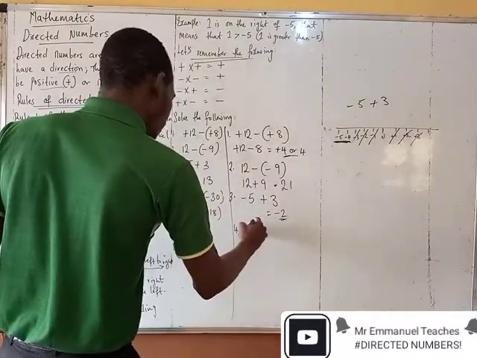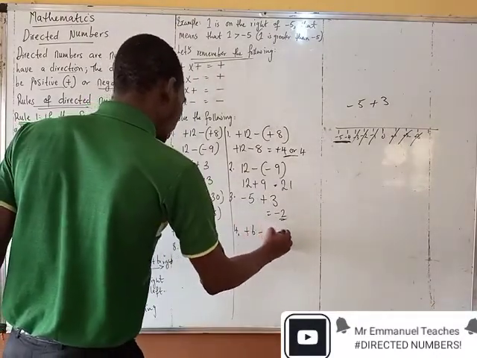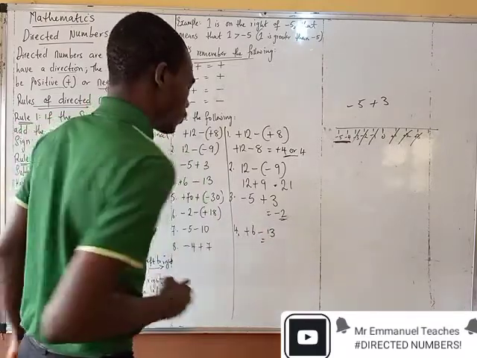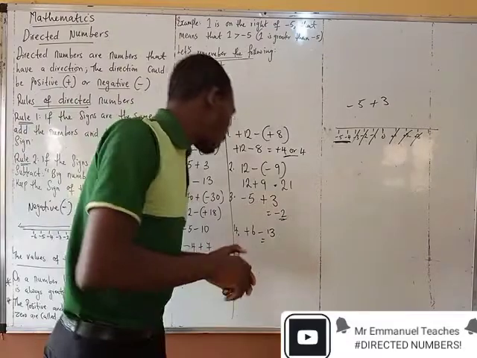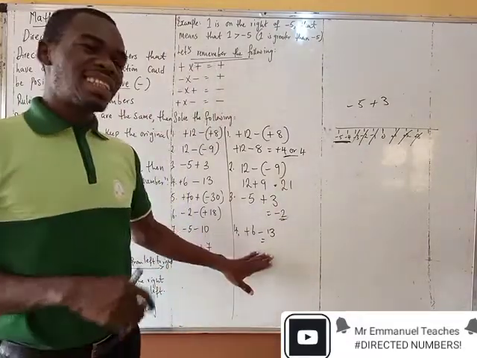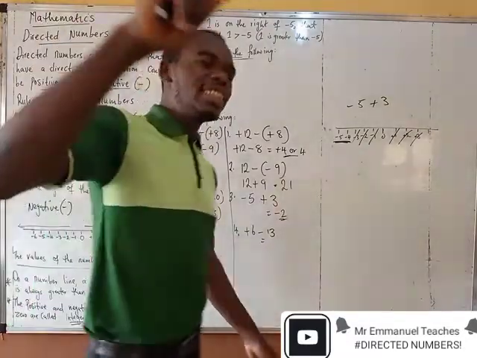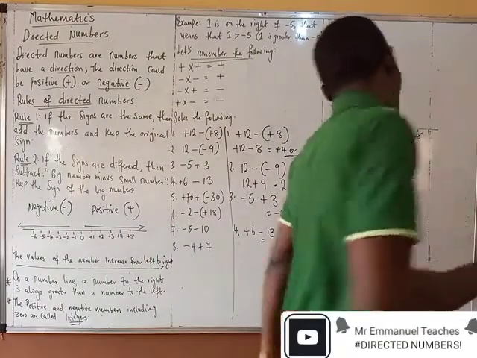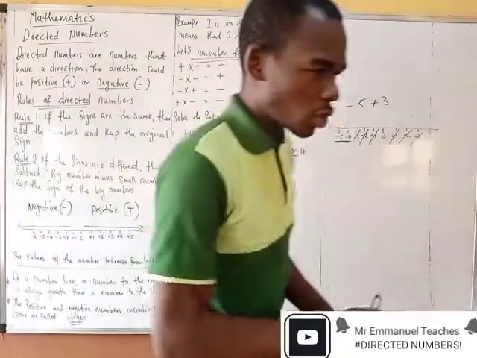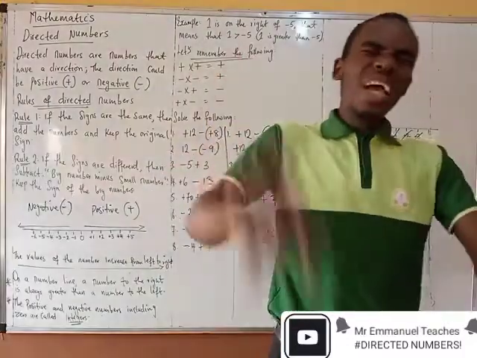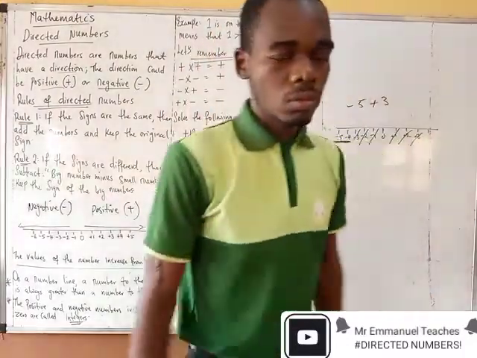So let's go to number 4. Number 4 says plus 6 minus 13. And another way again I want to teach you is that if you are solving this thing and the bigger number has a minus, your answer must always have a minus.